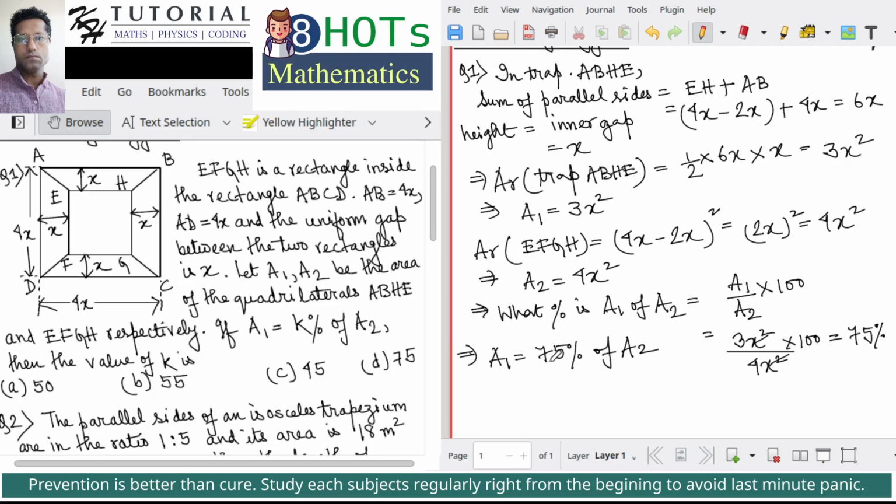Now it is given that A1 is equal to k percent of A2. So clearly we can now say that k is equal to 75. K is equal to 75. So the correct choice is D. D is the correct choice.